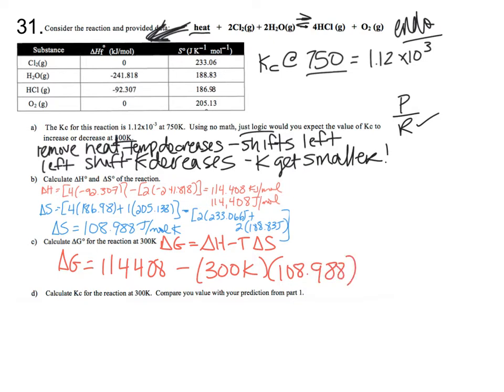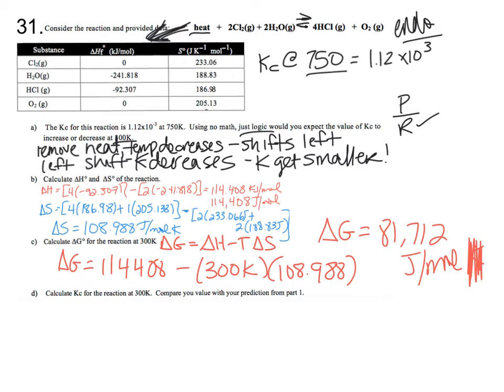And remember, this is going to be in joules when I'm done. So I get my delta G of 81,712 joules per mole. All right, so that's my delta G.